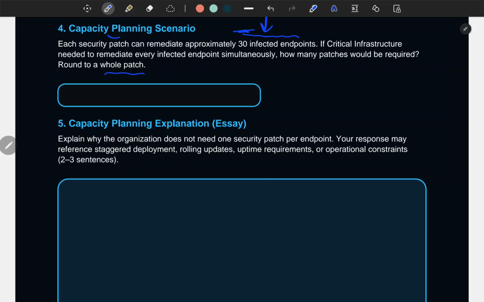Now, I gave those ideas to get your wheels turning because I didn't want a bunch of answers that state the obvious. Oh, well, each endpoint doesn't need a security patch because we don't have enough patches. We only have 125 and we got thousands of infected endpoints. So there's no way that they can get all patched up because we don't have enough. That's obvious. We know that. So we're not going to tell that to stakeholders, and that doesn't sound sensible.